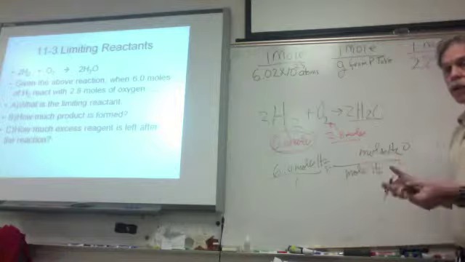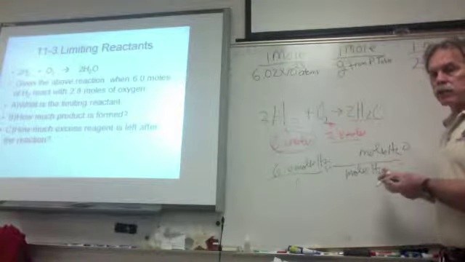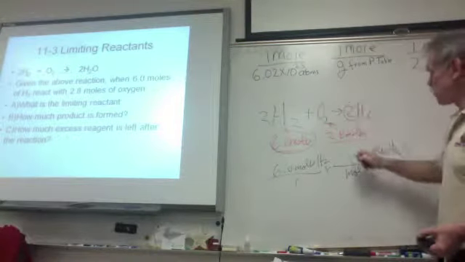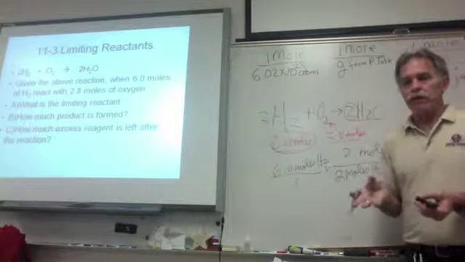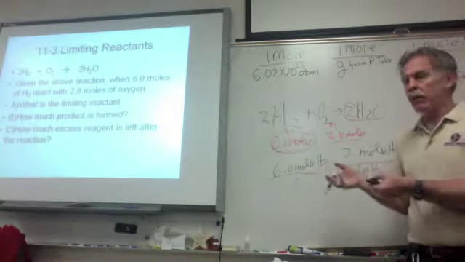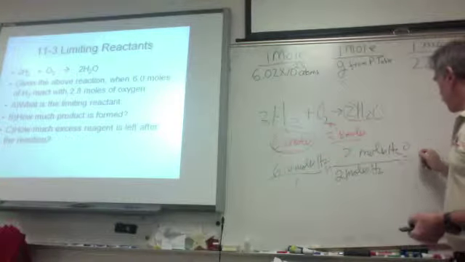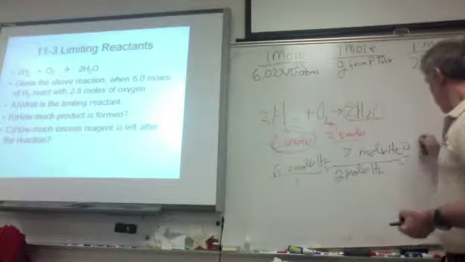Where do we get the values for our conversion factor in stoichiometry? The balanced equation. H2O, value is 2. H2, value is also 2. It doesn't always come out the same, it just happened to be here. 2 over 2 is 1, so 6 times 1 equals 6 moles of water.